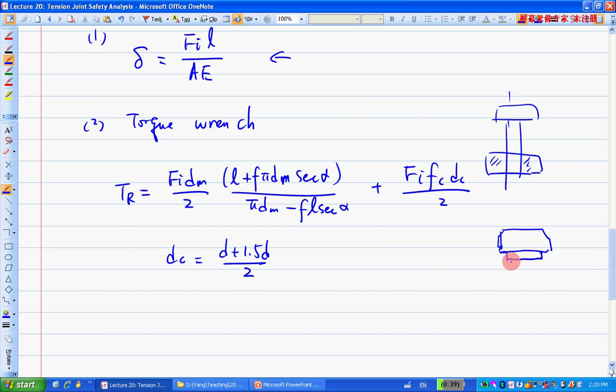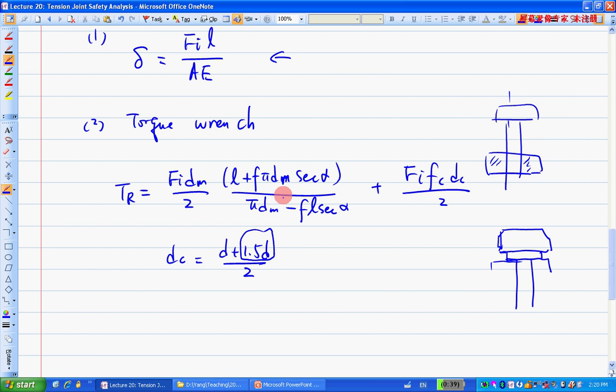That washer surface is in contact with a certain member here, and that's basically the 1.5D, and then plus this major diameter D as the mean diameter for the dc over here. Okay, that's how you calculate.